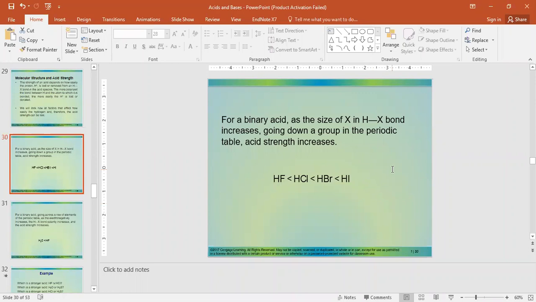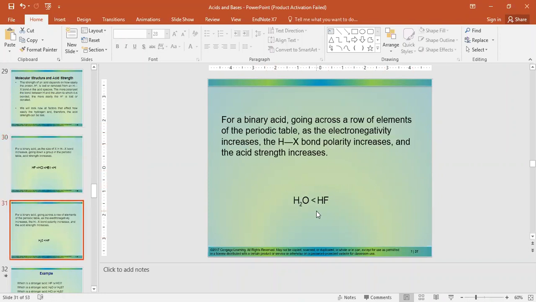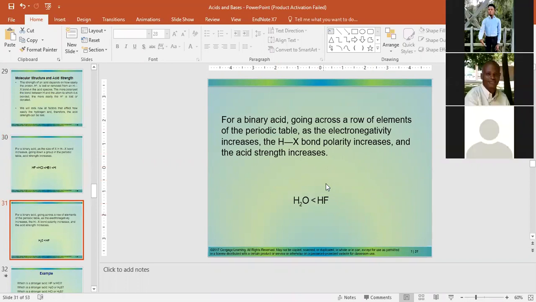So the question would be, which of these would be held strongest? Here we are looking at it in terms of bond polarity, if I may say so.